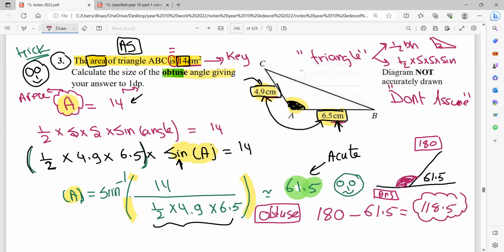If the question just says find the angle and nothing more, then if you get this answer, it's correct 100%.